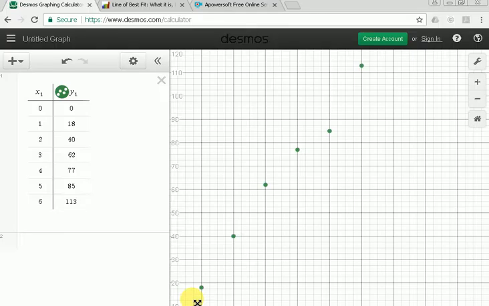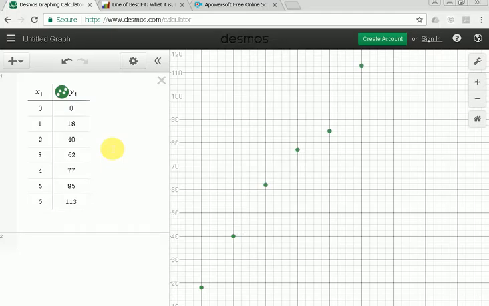So just pick 2 points on that line. I'm going to pick 2 and 3. So 2 and 3 are these 2 points here. So 240 and 362, and I'm going to find the slope.